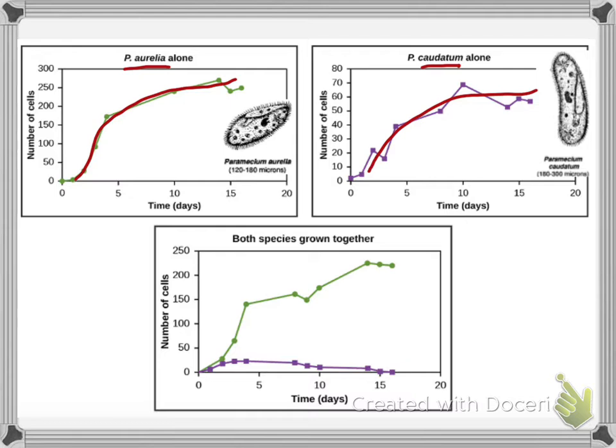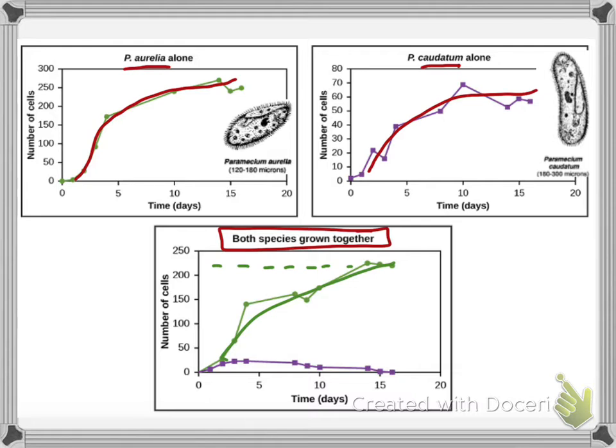But when they're placed together in the same habitat, in this case, a test tube, look what happens. When they compete for the same resources, the P. aurelia continues to increase, but they outcompete the P. caudatum for food and space.